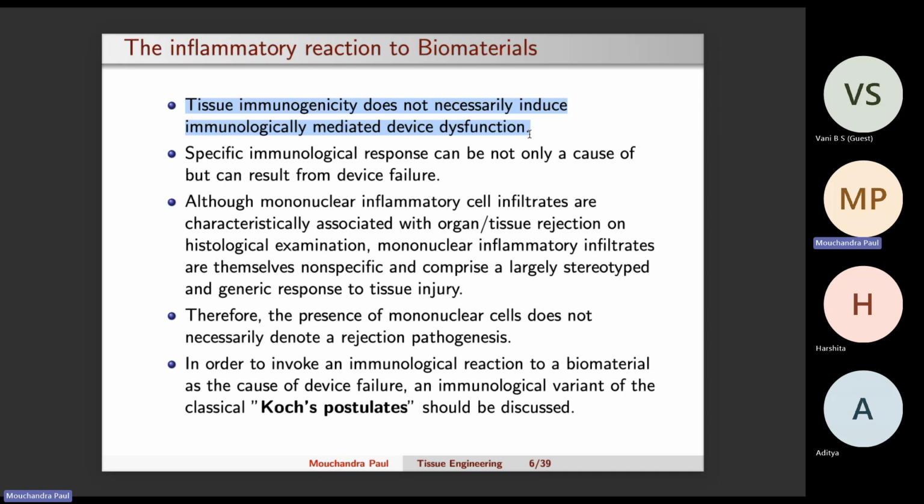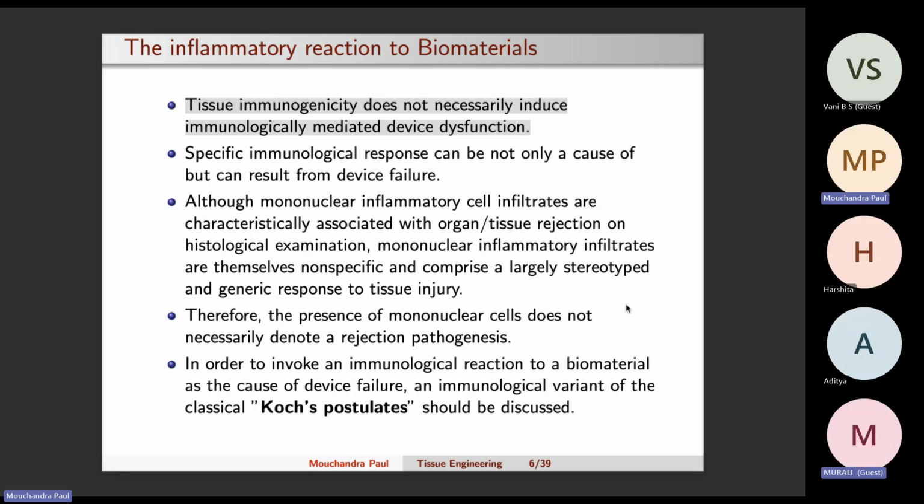Or what can happen, your implant has failed first, all right, and because of which your surrounding tissue environment, that is the host, is eliciting some immune response. So both ways can happen.